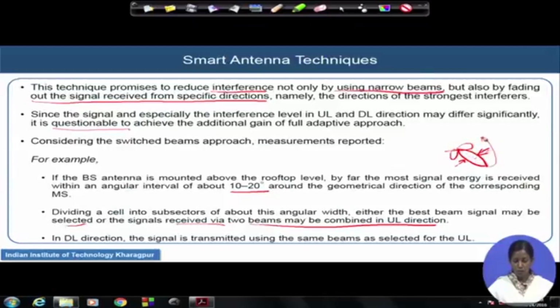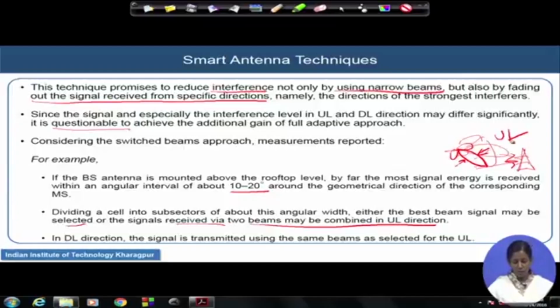Maybe the beam was switched here and some other transmission was done, but sitting in the base station I have received both the beam powers, and then I can either select any one of them, or do some combination of these two to have a choice. That is how I can go ahead in the uplink situation.